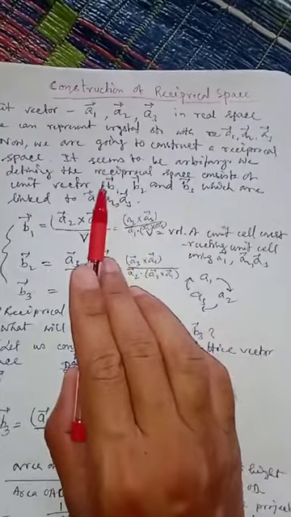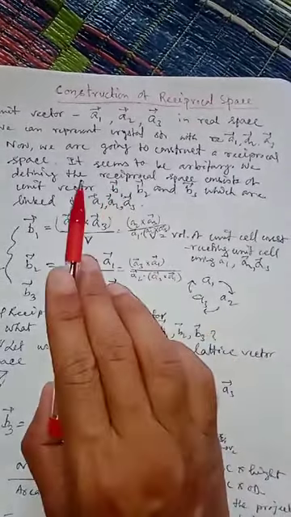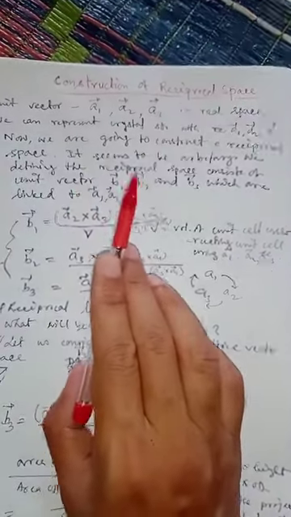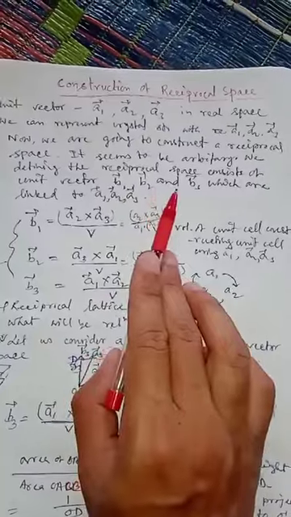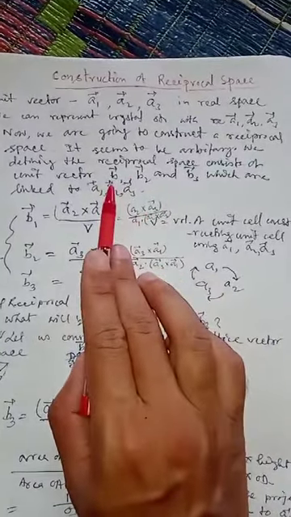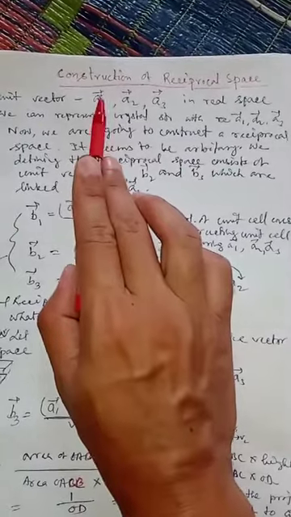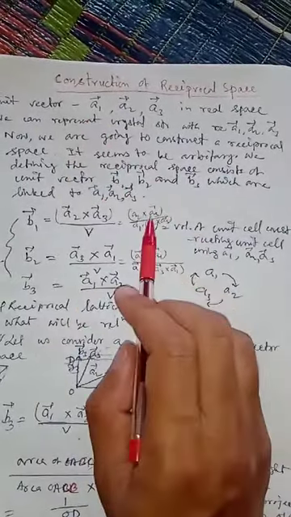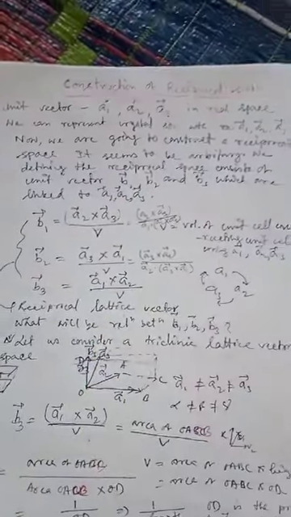In order to form a reciprocal space, we have to introduce reciprocal space vectors, and these reciprocal space vectors are b1, b2, b3. Okay, so these are the reciprocal space vectors. Why do we need such kind of vector?